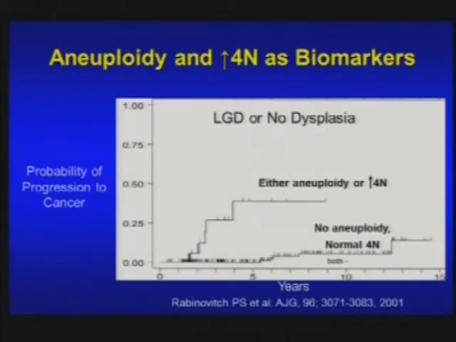And what they found is that patients without aneuploidy and a normal 4N had a very low rate of cancer progression at 10 years. However, if the biopsy showed either aneuploidy or an increased 4N, the rate of progression to cancer at 10 years approached 50%.